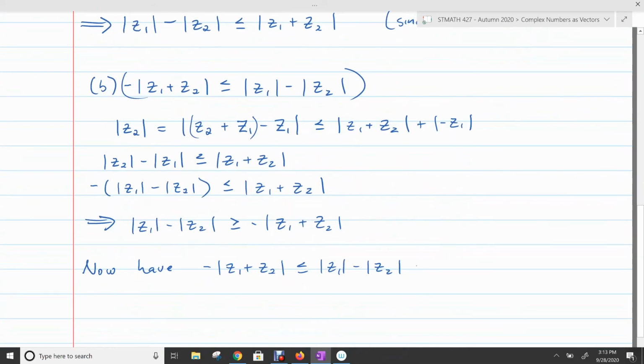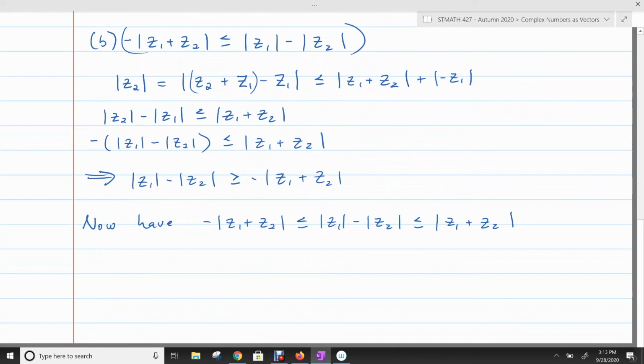Anyway, fixing that mistake, that was less than or equal to modulus z1 plus z2 in the middle there. And since the expression in the middle is bounded by the negative of something and the positive of something, that tells you that the absolute value of that thing in the middle is less than or equal to the thing on the right. And that's what we wanted to prove right there.